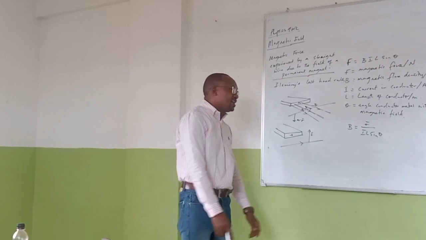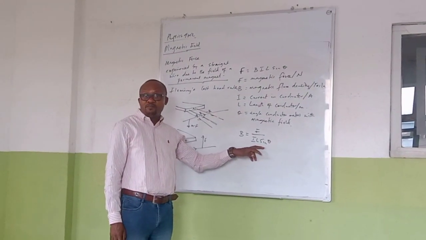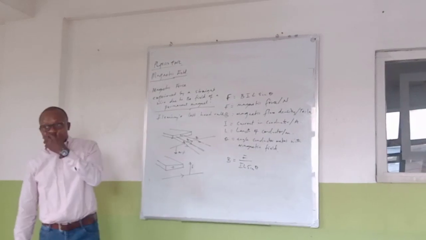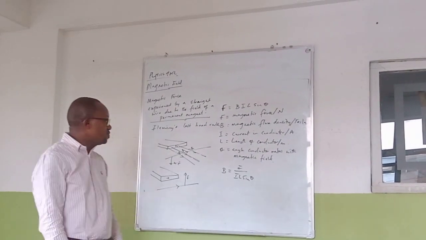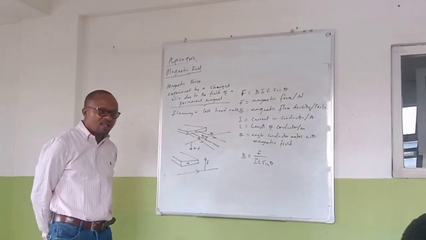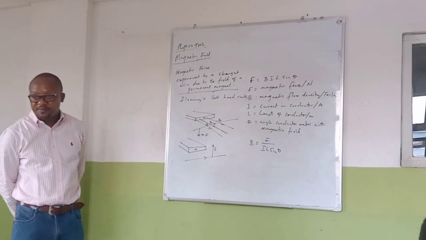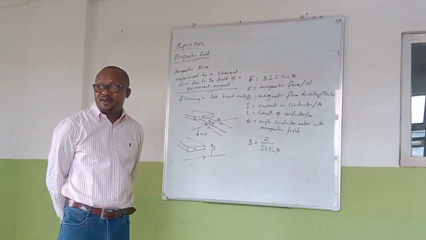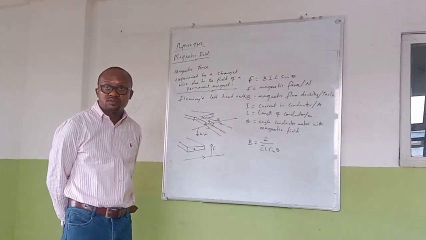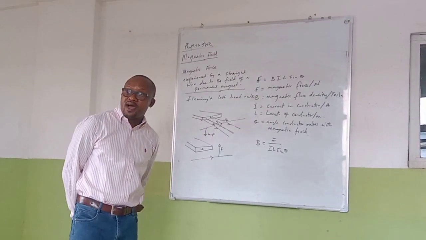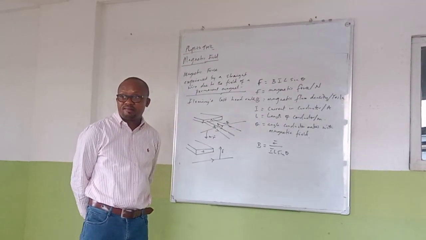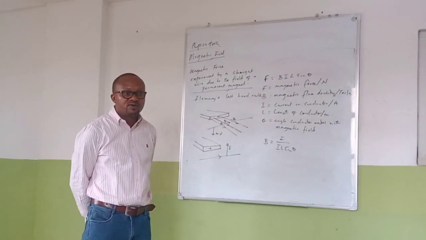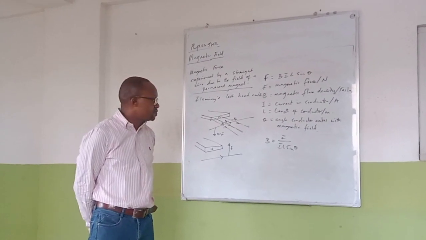So you can write: the magnetic flux density is defined as the magnetic force experienced per unit current length by a conductor placed at an angle in the magnetic field.